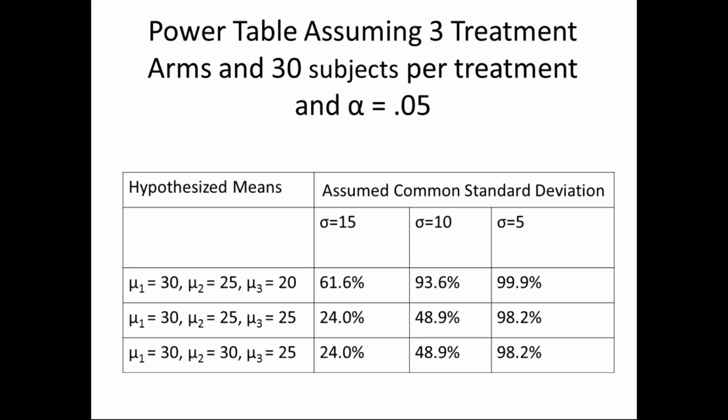Now, down here, we're not in good enough shape. If we're really thinking the residual standard deviation is 15, I'm going to have to come back to you and say, you've got to come up with a different set. Create a larger effect. If you cannot believe you're going to create a larger effect, you've got to come back and let me have more people. It's one or the other.